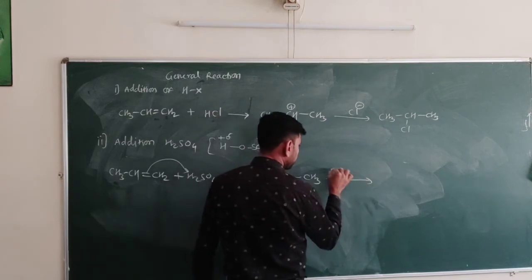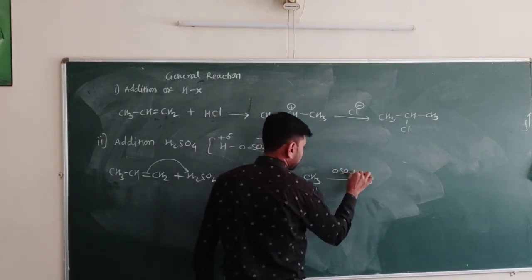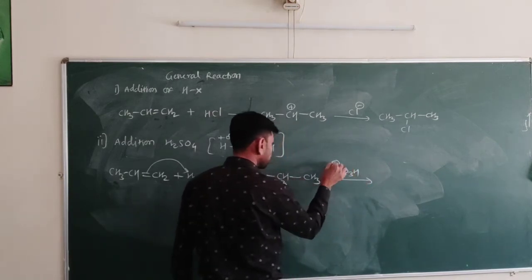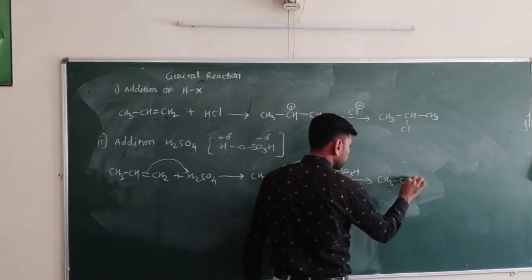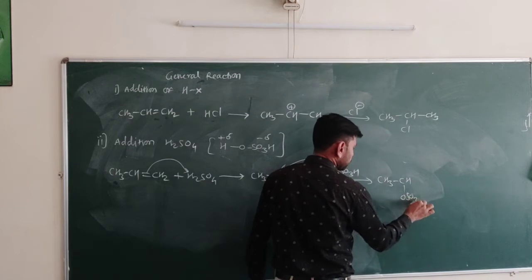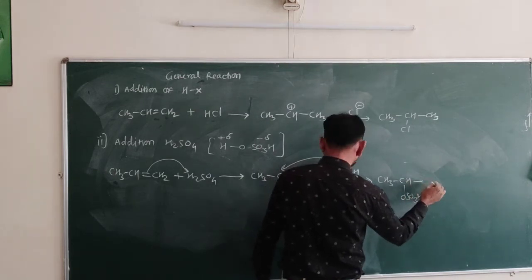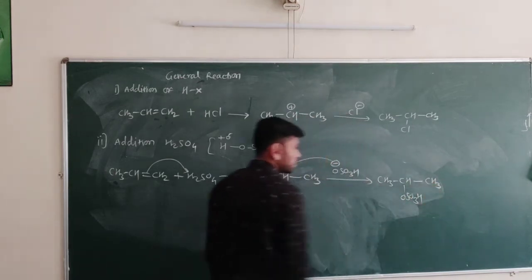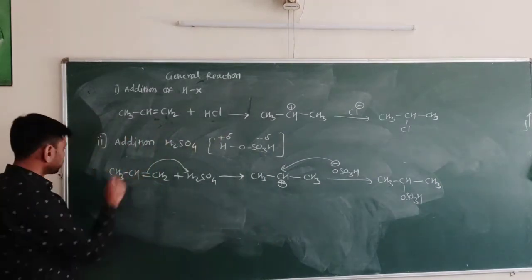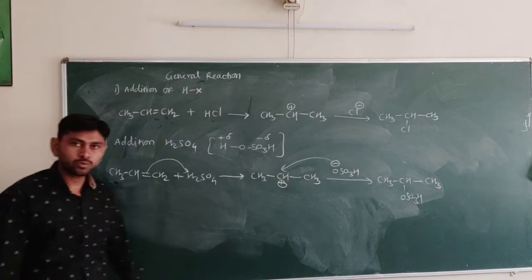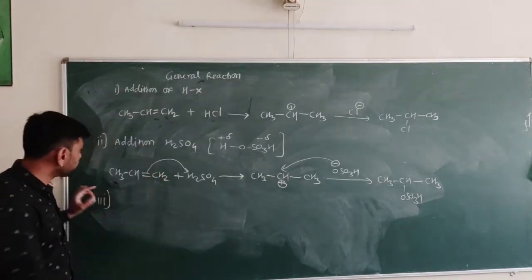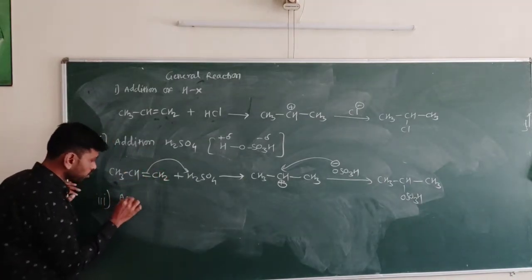In the next step, this base attacks to give the addition product, CH3CH(OSO3H)CH3. See, every reaction involves two steps, so this is a two-step mechanism. See, another: addition of water.